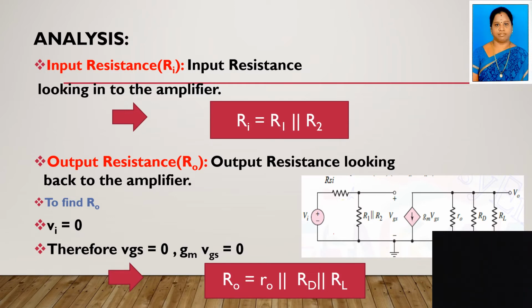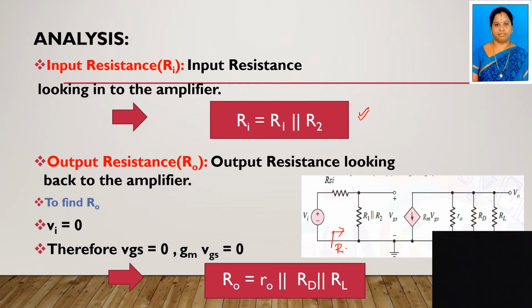I told you when you are looking from here, you have input resistance Ri. So when I am looking from here, I am having R1 parallel to R2, right? So input resistance is simply R1 parallel to R2.